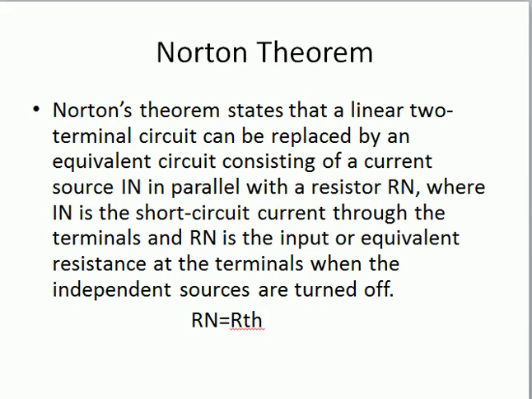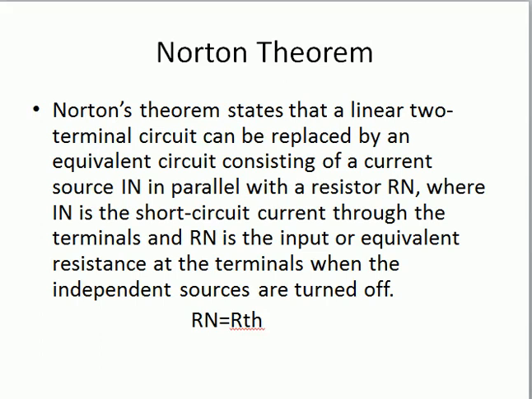Here we are talking about the current at the short circuited terminals. In Thevenin theorem, we find the voltage at the open terminals, and here we find the current at short circuit, that is IN, and a resistor RN, that is parallel with the current source IN.